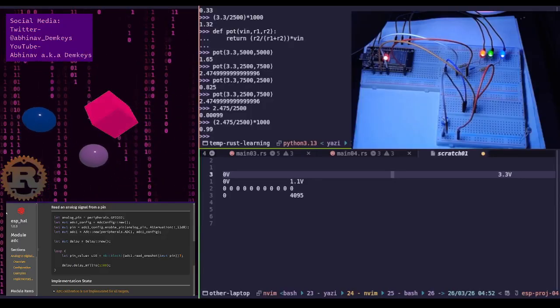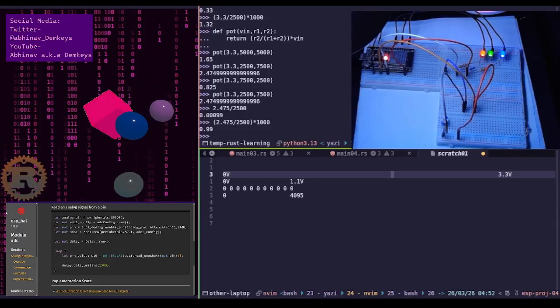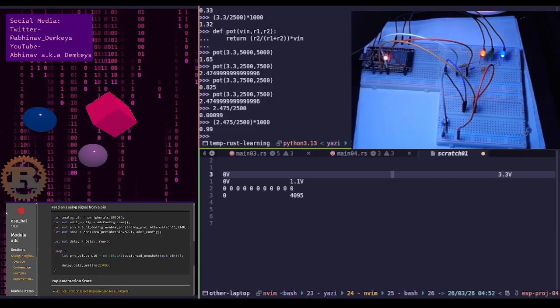Then this current flows through the resistive track of the pot regardless of whether the knob is turned.